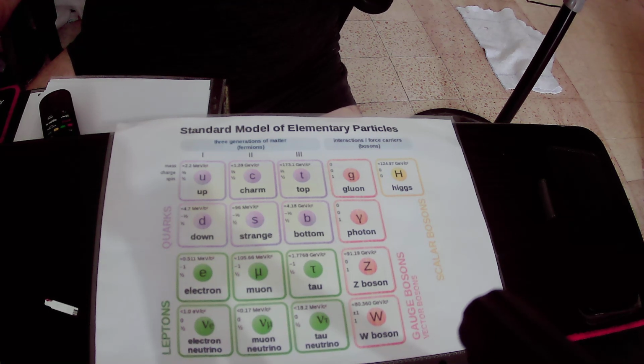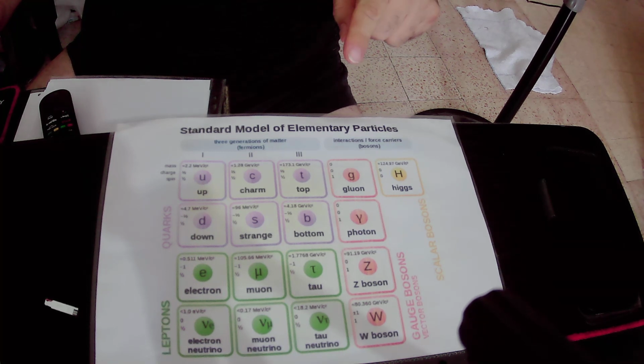so those four fundamental forces are carried by four families of gauge bosons, which are 13 elementary subatomic particles.